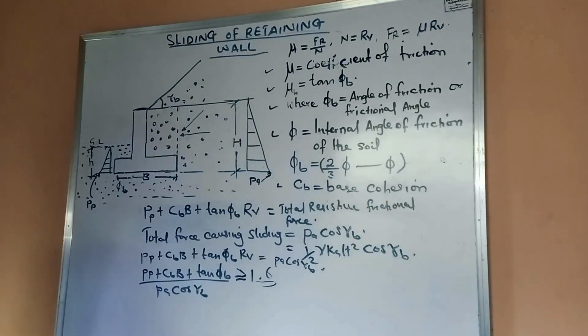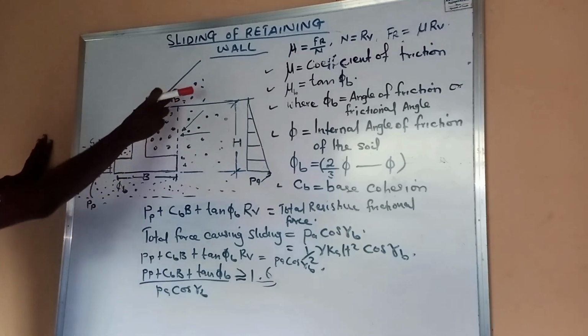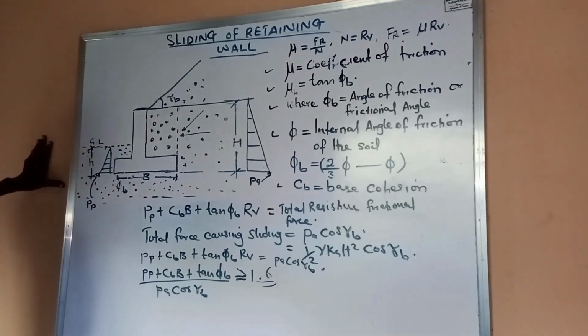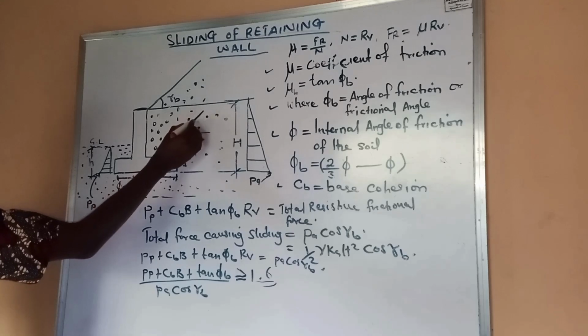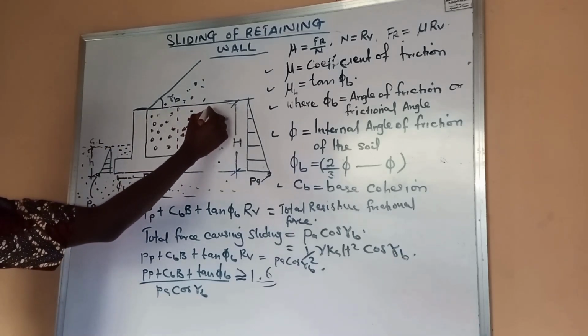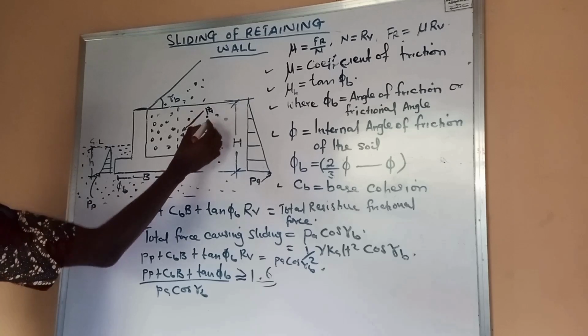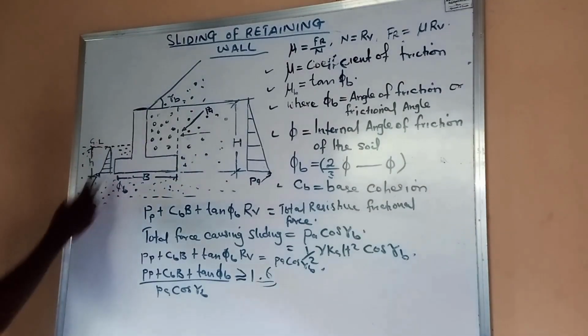We know that the retaining wall has an inclined backfill, and the lateral active pressure is also going to be acting at an inclined angle. Let's call the lateral acting pressure PA, acting at an inclined angle to the wall.